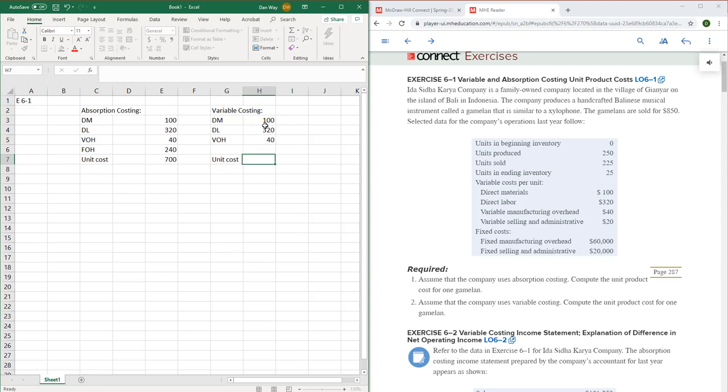No fixed overhead. To be clear, the full $60,000 would be expensed, so it would hit the income statement in this period under variable costing. So the unit cost under variable costing, just the variable costs of production, is $460.